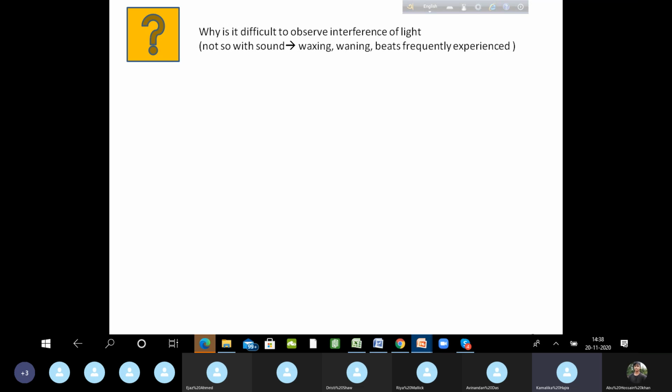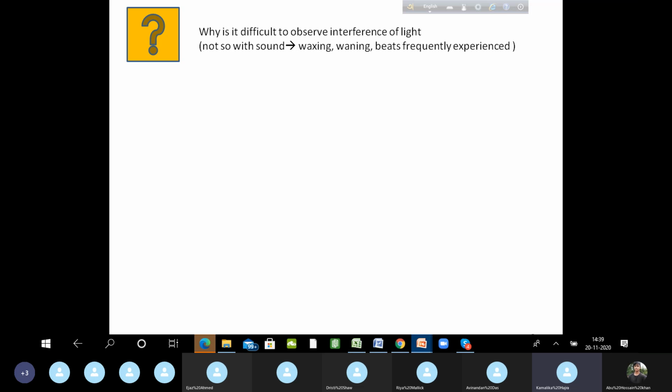Because with sound, observing interference is not very difficult. We are very acquainted with waxing and waning of sound when two or more sources are simultaneously playing. We are experiencing two or more sources of sound playing simultaneously all the time in our daily lives.